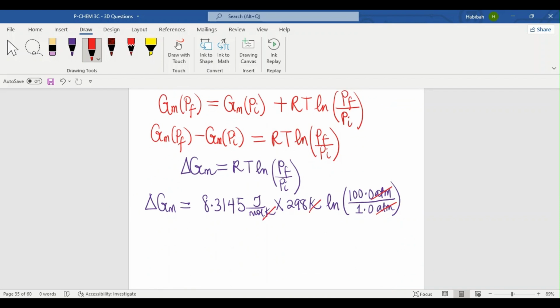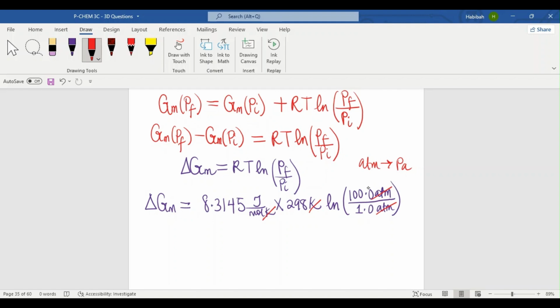I want to quickly mention something that not everybody might know. Since we're dividing between two pressure units, we don't need to change from atmospheres to pascals or Newton per meter squared, because the pressure units cancel anyway. Whatever conversion we do, going from atmosphere to pascal, will have no effect when you do the division.